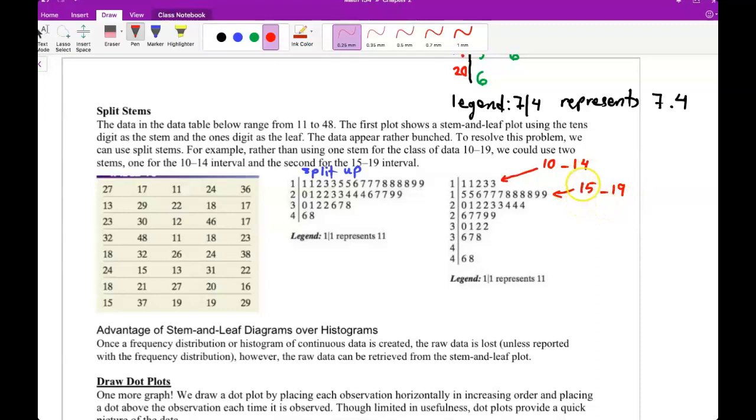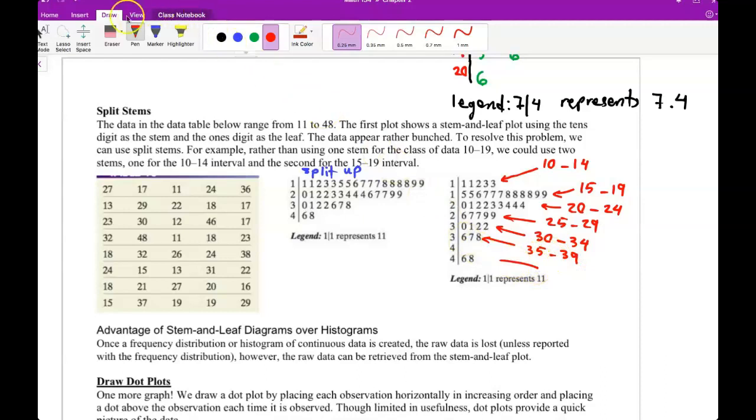So our class lower limit starts with 15, and we have exactly the same number on this part. The next one is 2, and after 19.9999 we have 20 up to 24. So I have 24 here, 2 and 4. Next is 25 up to 29, then 30 up to 34, then 35 up to 39.